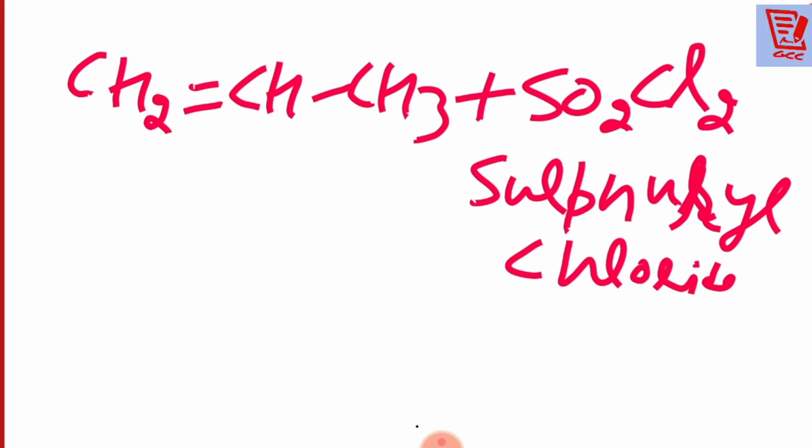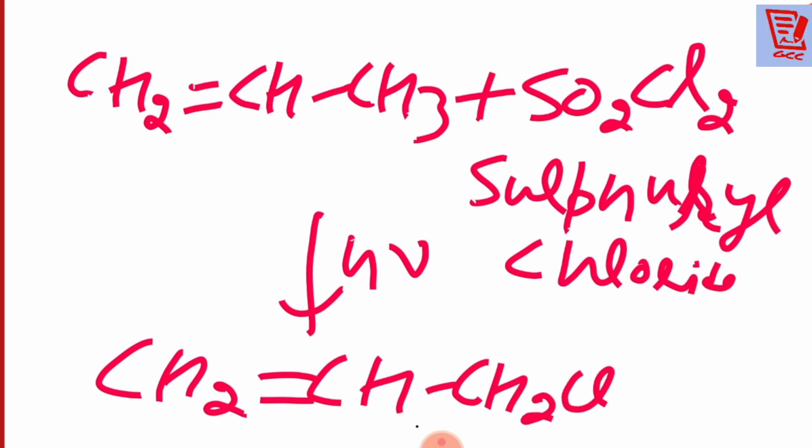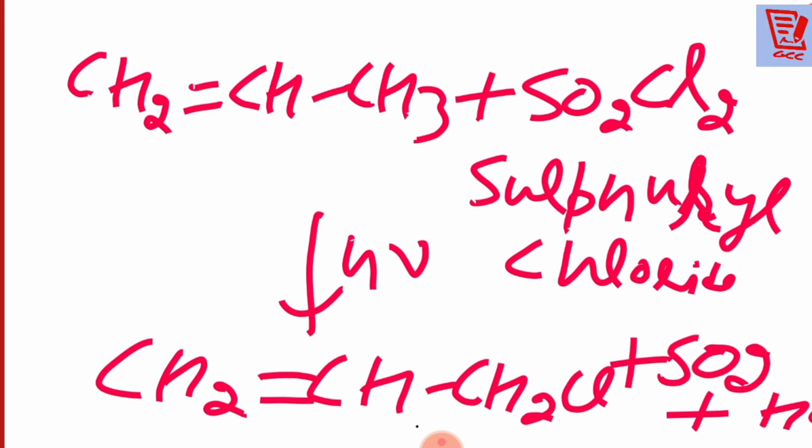With the H, here also beta, you will not disturb the double bond. It becomes CH2=CH CH2Cl, plus SO2 plus HCl. Clear? So one thing is clear, that we are not going to disturb the double bond here.